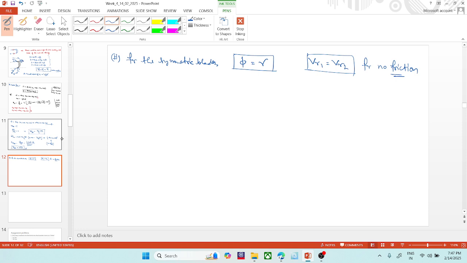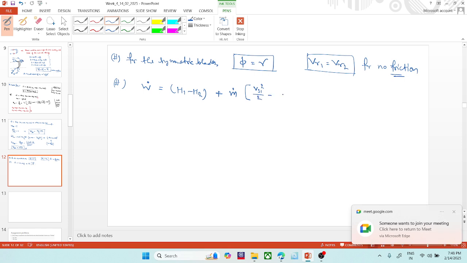These are two points. And if we look at the thermodynamic view, then this generated power would be the summation of enthalpy difference plus the kinetic energy difference, Vs1 square by 2 minus Vs2 square by 2.